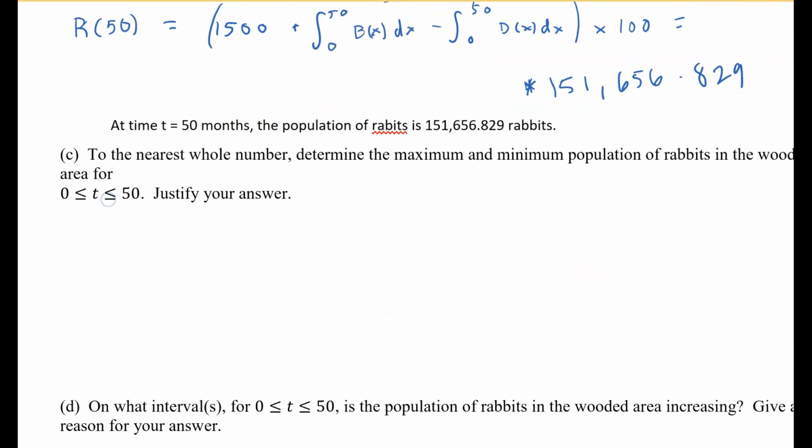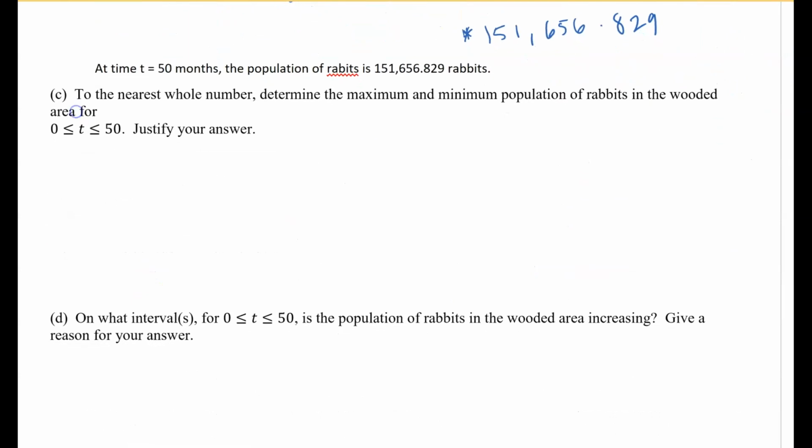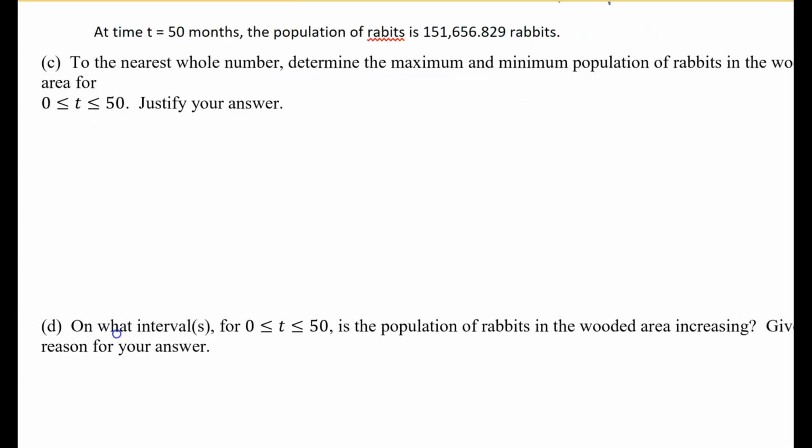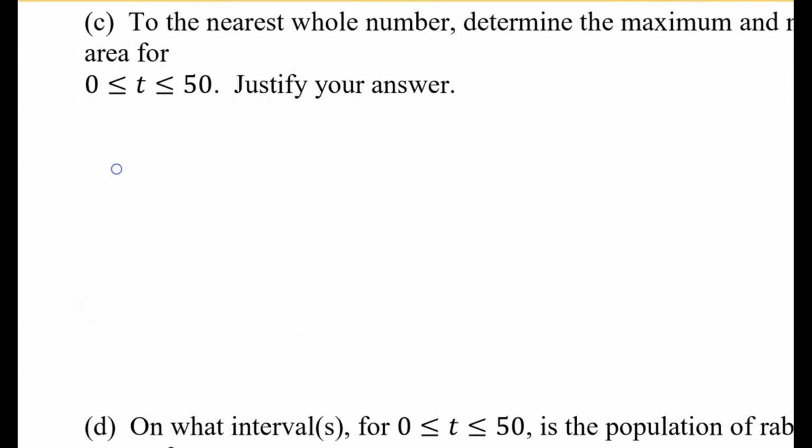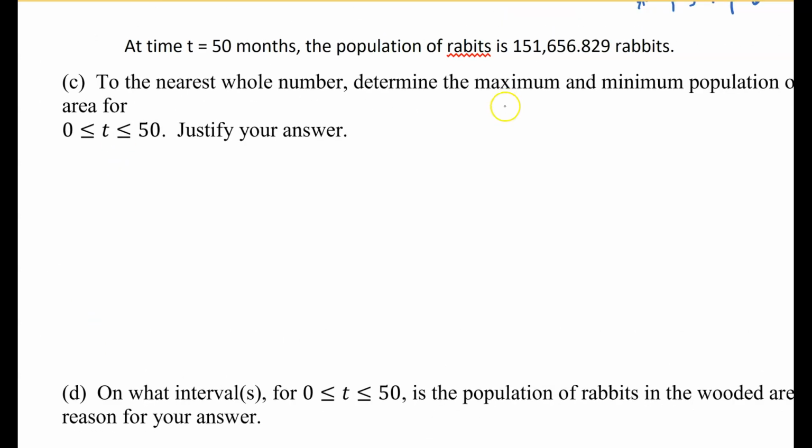Okay. 11 minutes. Ooh, to the nearest whole number, determine the maximum and minimum population of rabbits in the area for 0 to 50. Justify your answer. Here's what we're going to have to do. In order to determine an absolute or a global max or min, we need a table.